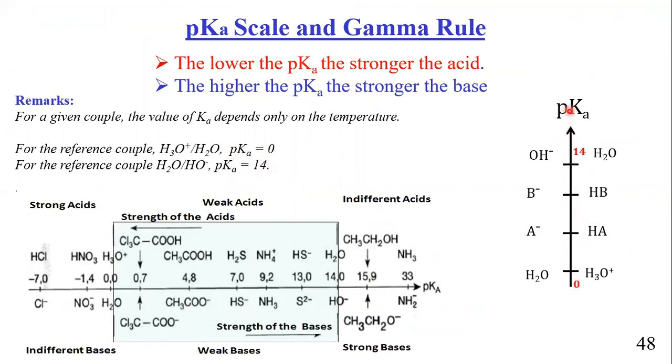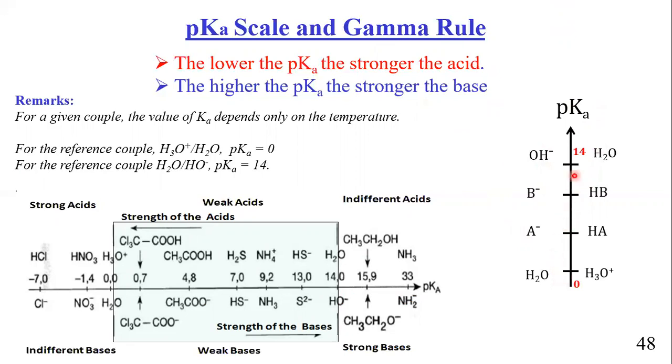And we're going to put this scale, let's say, vertically. We can go horizontally or vertically. On a vertical scale, we could actually relate the pKa to the gamma reactivity rule. I'm not sure that we really need this rule, but I'm going to discuss it anyway.